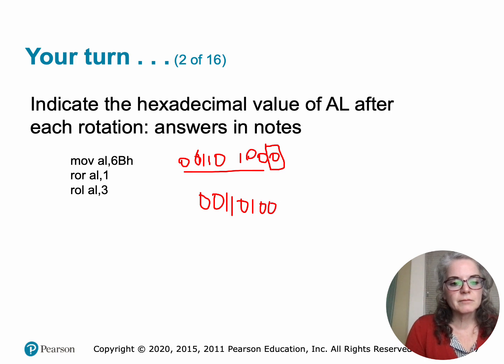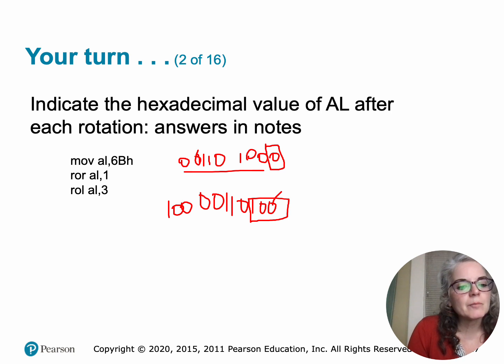Okay, so I'm going to shift these 3 to the right, and I'm going to copy them to the end here, the open bits. And my carry flag is set to 0 because that's the one that, oh no, I'm sorry, I'm rotating to the left, sorry. Let's redo this.